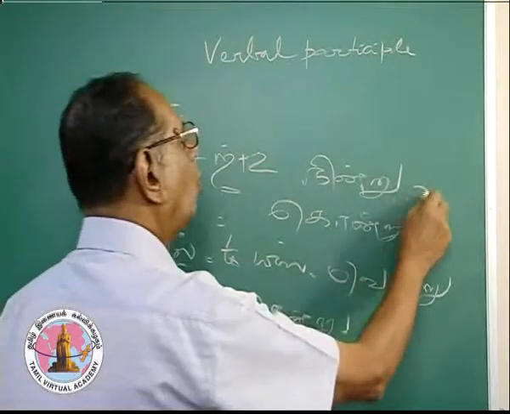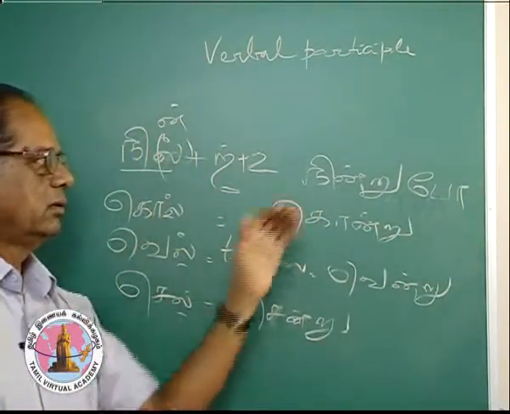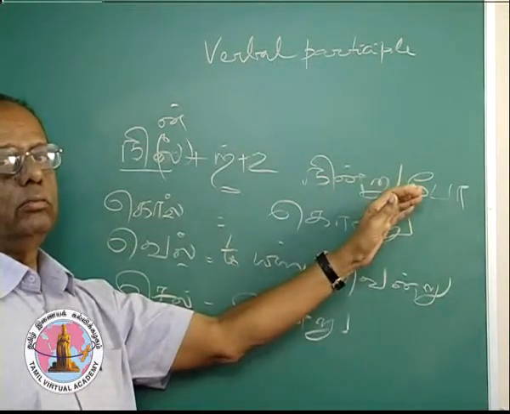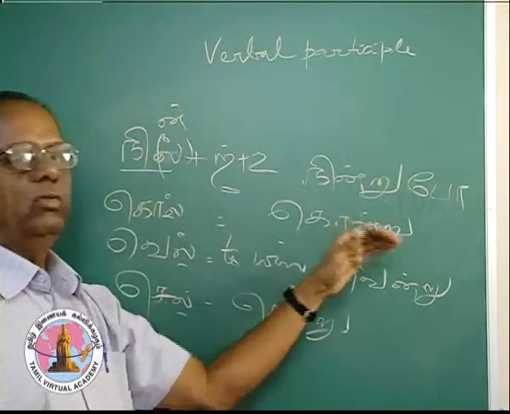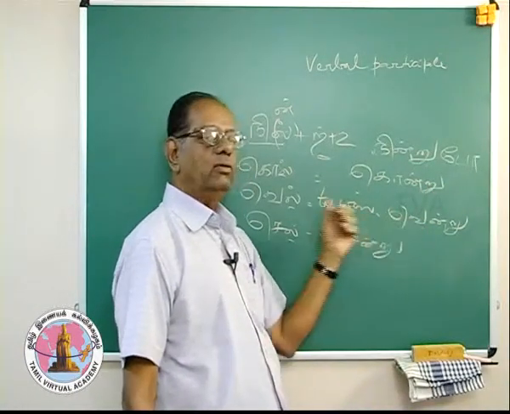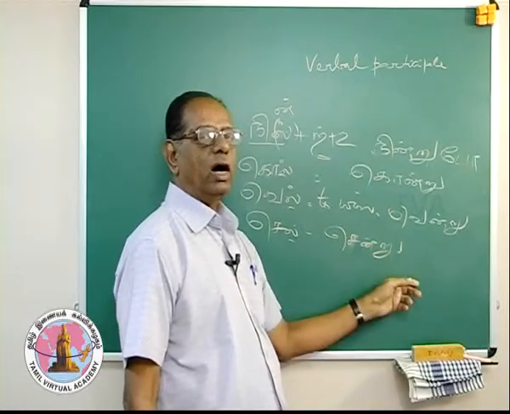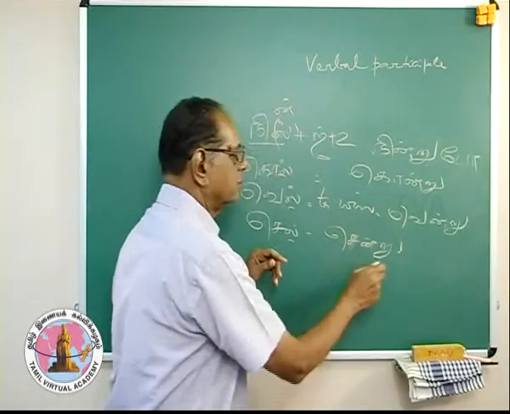Nindru po, stand and go. Kondru va, kill and come. Vendru va, win and come. Shendru va, go and come.